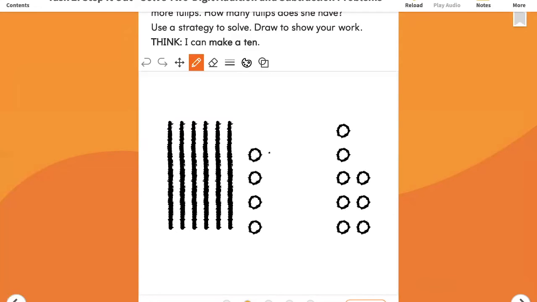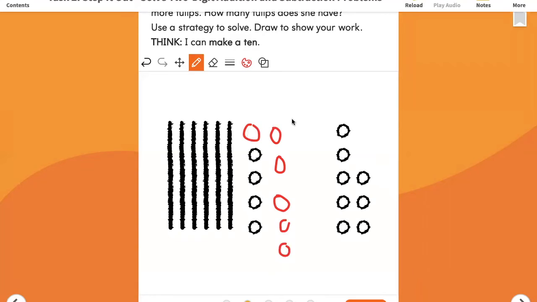So what we're going to do is we are going to borrow from this 8 to make a group of 10. So if I have 4, let's count on until we get to 10. So I have 4, 5, 6, 7, 8, 9, and 10.